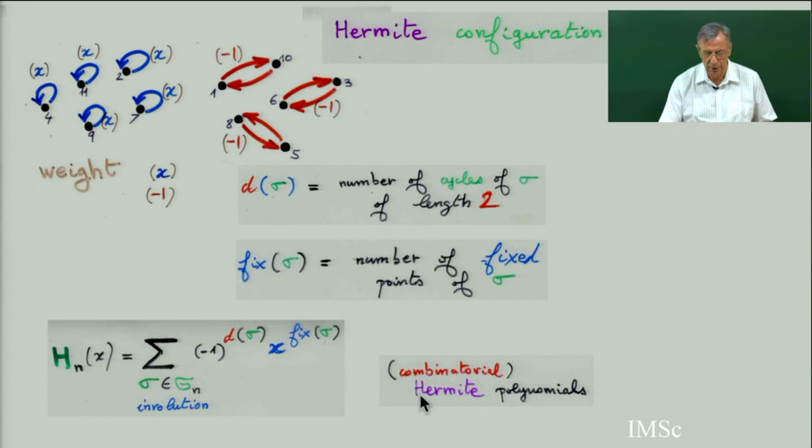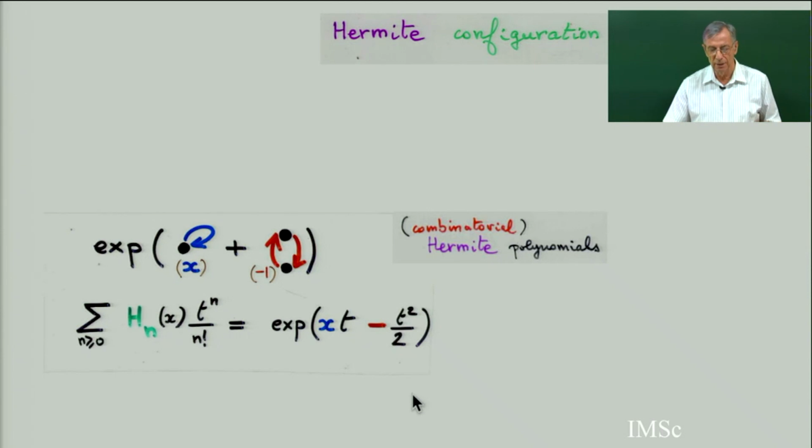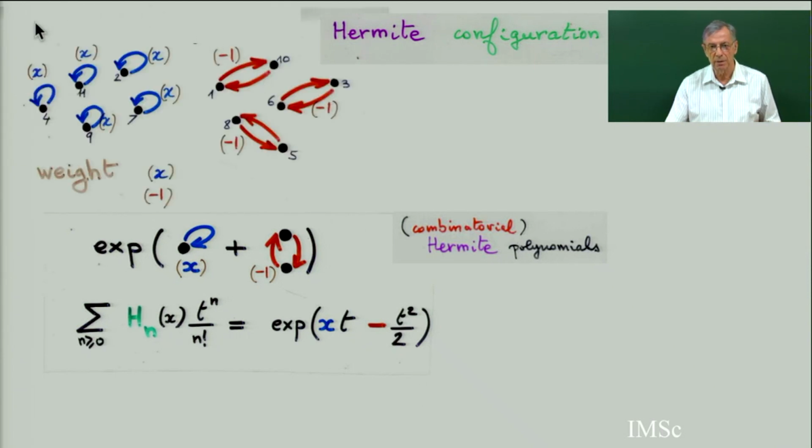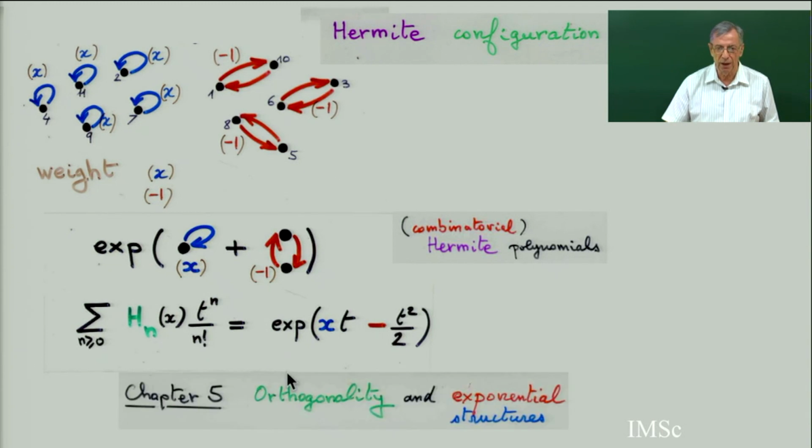So this is the combinatorial Hermite, and in the chapter on orthogonal polynomials and exponential structure, we will see that from this Hermite configuration we get immediately the generating function. This will be a consequence in chapter 5.